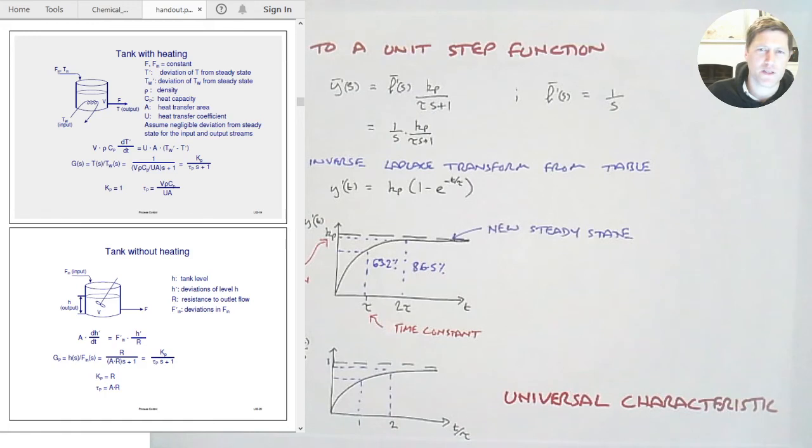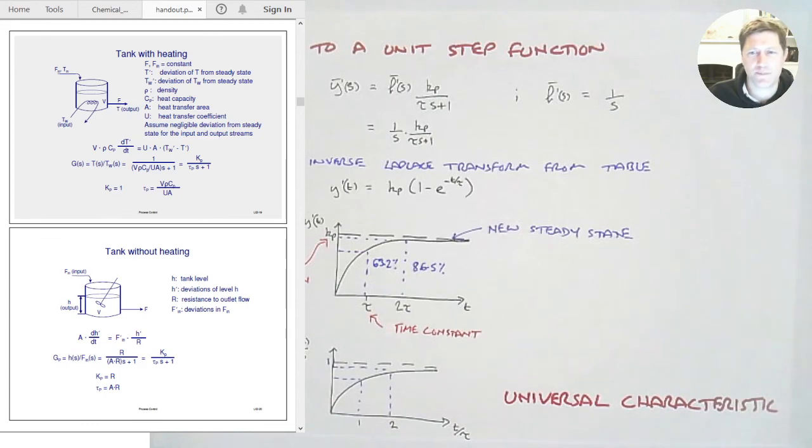And what do we see? Well, this is of the same form as the generic equation we looked at previously, where Kp is equal to 1 and the time constant is equal to V rho Cp divided by UA. So that means that without even having to solve these equations, we know what the response is going to look like.